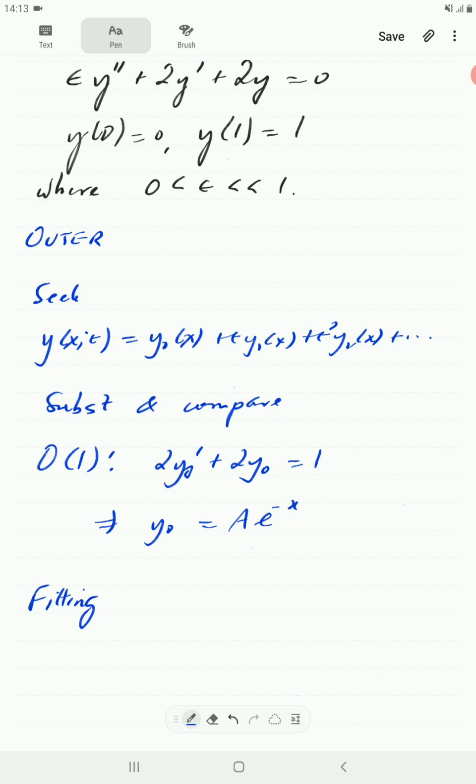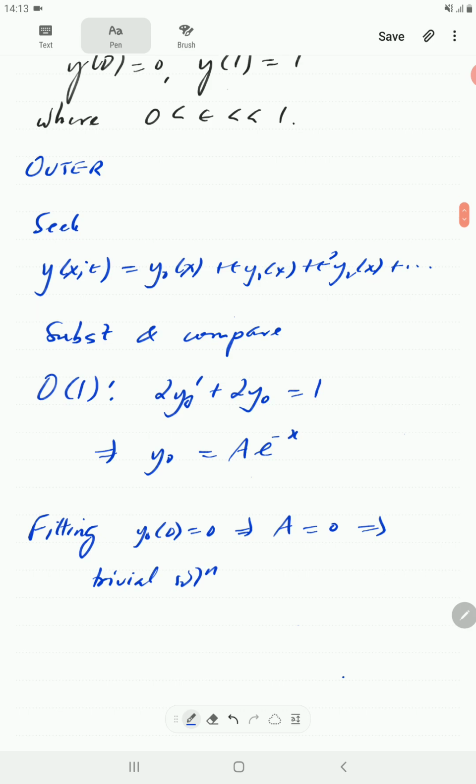So if we fit the condition at x equals 0, this tells us that a must be equal to 0, and so this gives us a trivial solution.